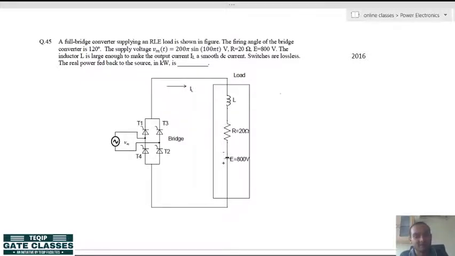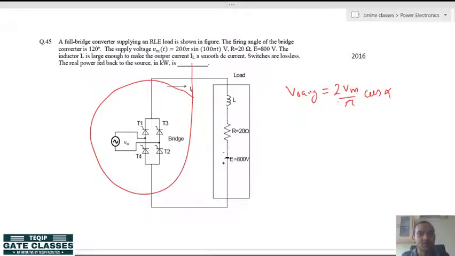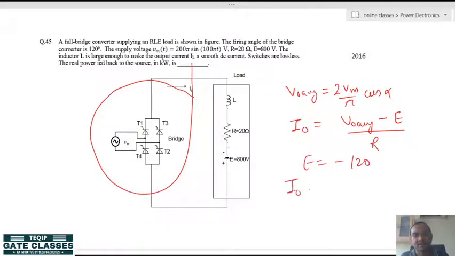For such a question, we know that the average output voltage is 2 Vm upon pi cos alpha for this bridge with constant current load, and to calculate I naught, it is V naught average minus E divided by R, and here E has to be taken as negative. So, I naught is V naught average minus E by R. So, just calculate the I naught.